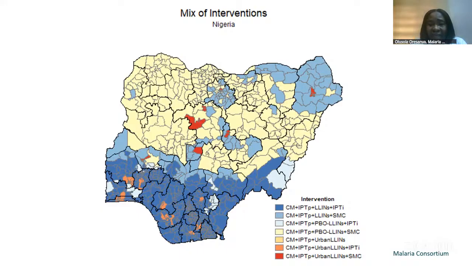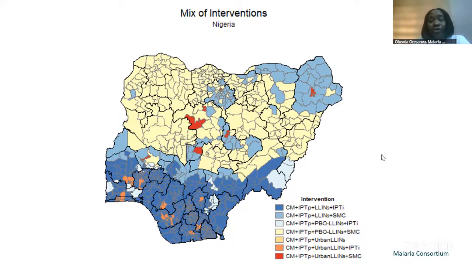And then, as you can see, seasonal malaria chemoprevention is recommended mostly in the northern part of the country. Intermittent preventive treatment in infants, which is now called perennial malaria chemoprevention, is recommended in the lower parts of the country. So wherever you have SMC happening, PMC is not happening there. PMC is happening in the southern part of the country. So this is what the intervention mixes look like.